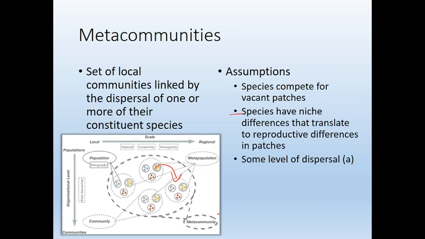If we look back at the definition of a metacommunity, we see a set of local communities linked by the dispersal of one or more of their constituent species. So a metacommunity doesn't necessarily mean that every single species is migrating between communities, but at least some of them are. So this dispersal level we can think about as the proportion of species in the community that are dispersing to separate areas.